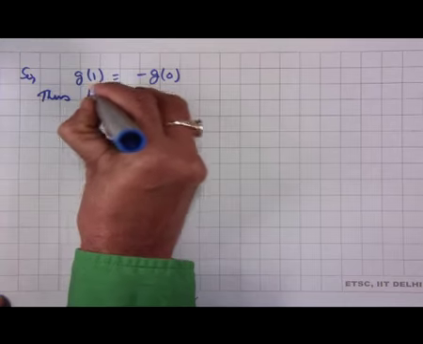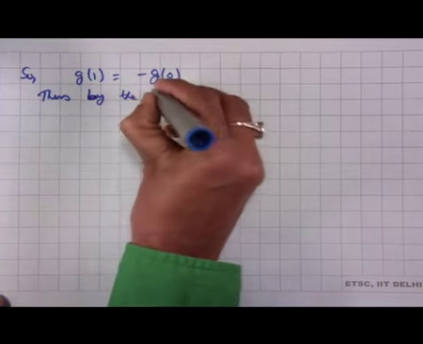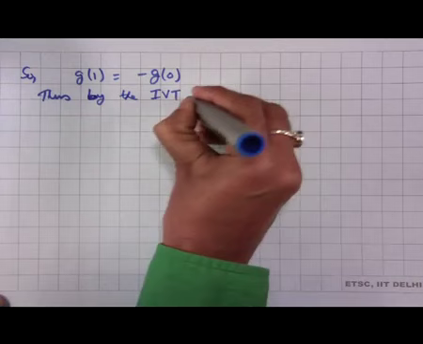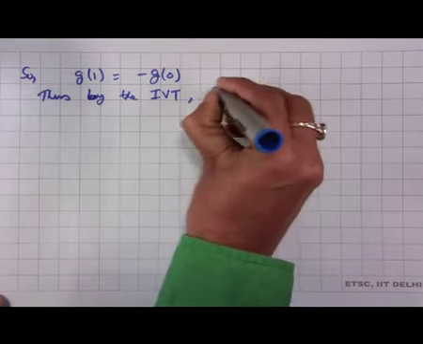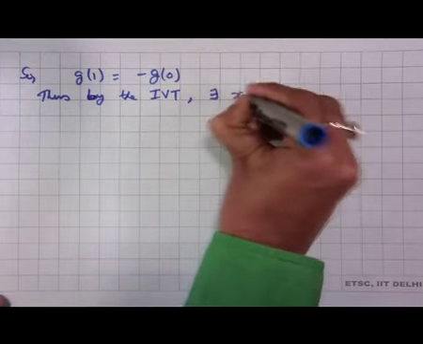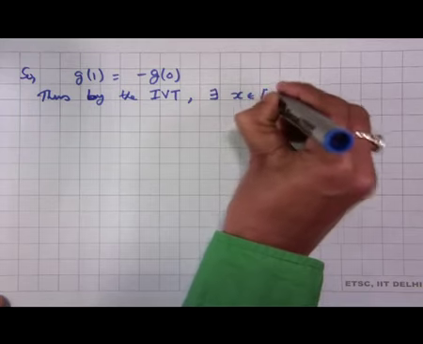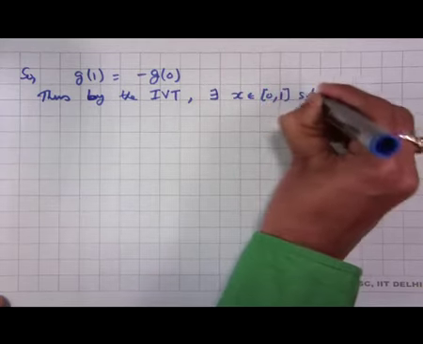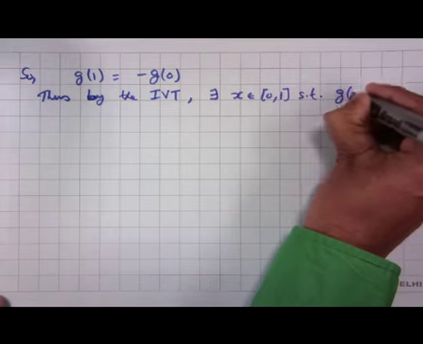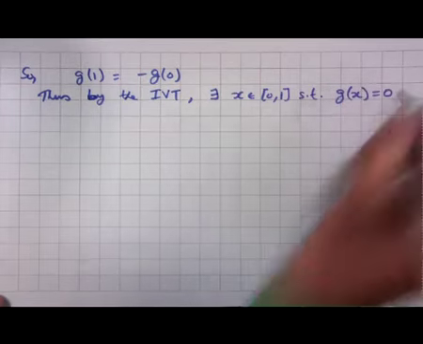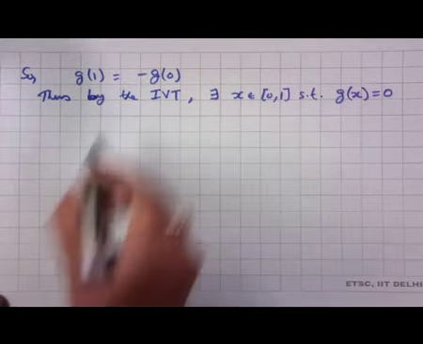So, thus by the intermediate value theorem, there exists some x in the closed interval 0 1 such that g of x is equal to 0. Right. These are of opposite signs.